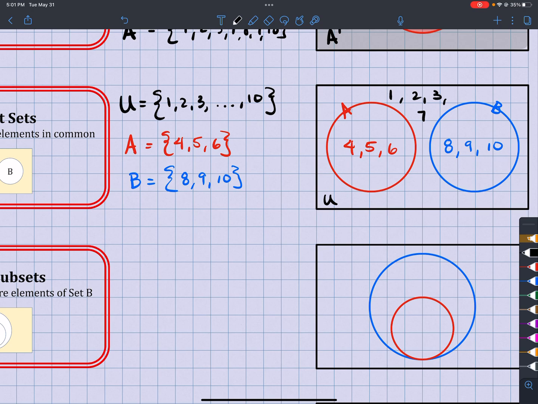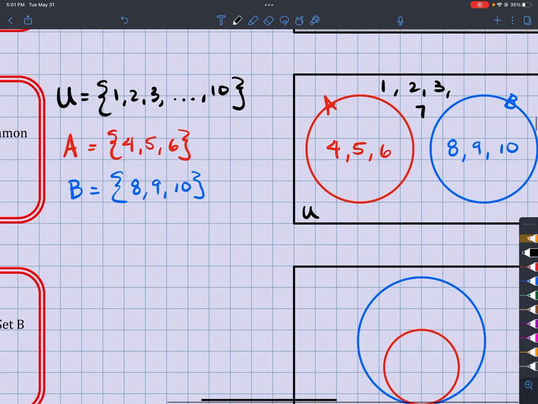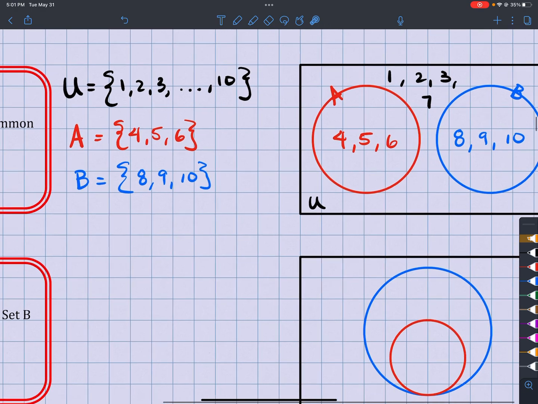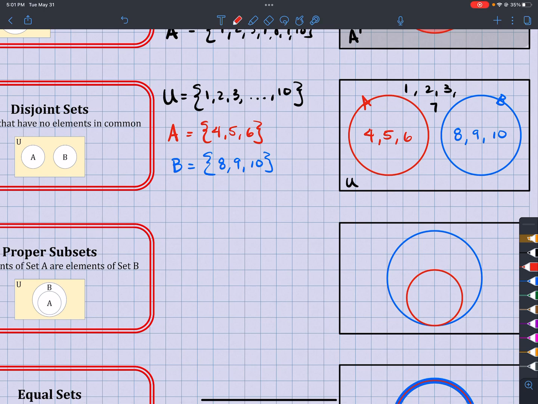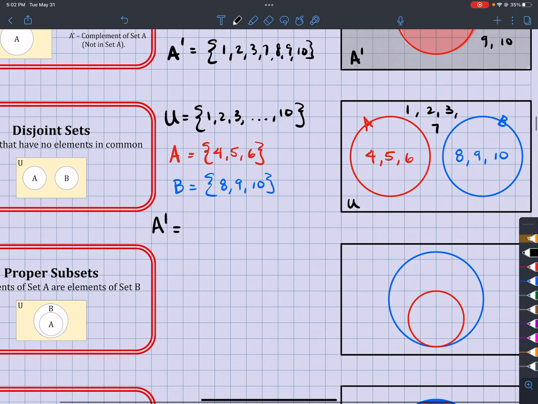The 1, 2, 3 is not A and it's not B. You notice that none of the elements in A, no 4, no 5, no 6, are in B, and there's no 8, 9, or 10 in A. So they have no elements in common. Let's take a look. What if I asked you about not A? The not A is still exactly the same as above.